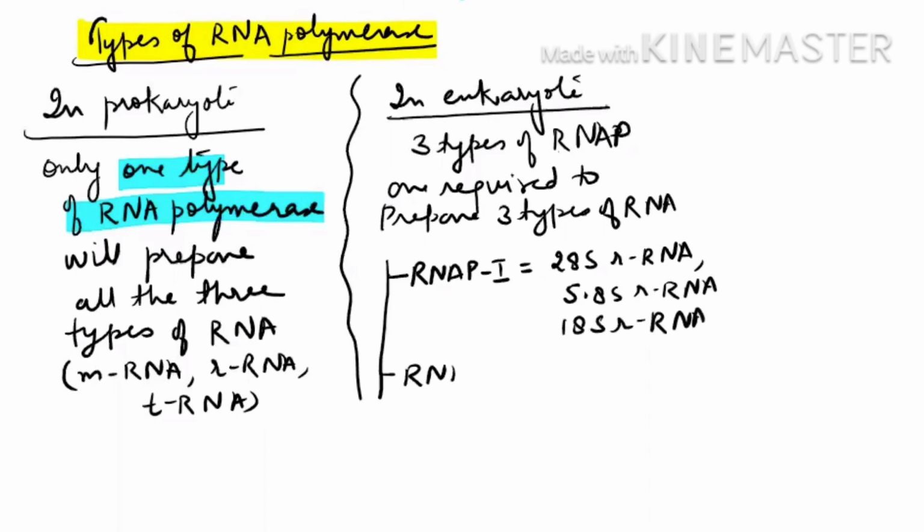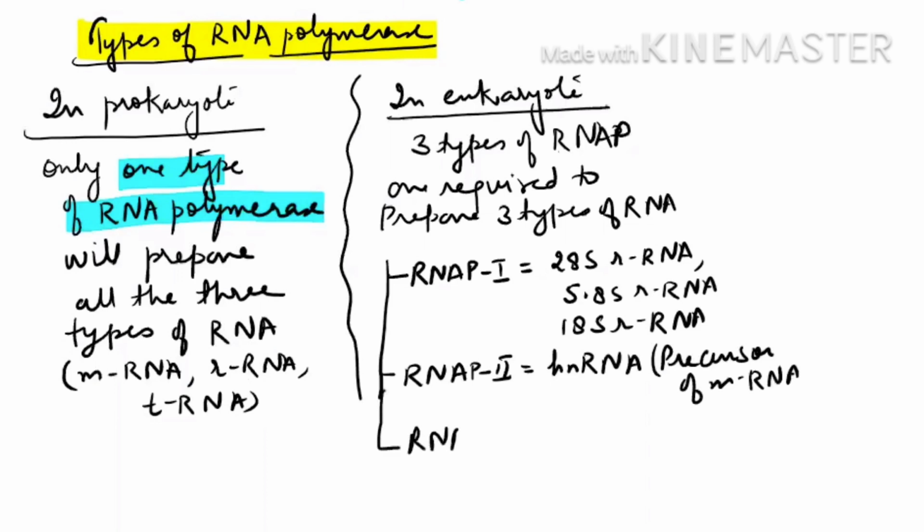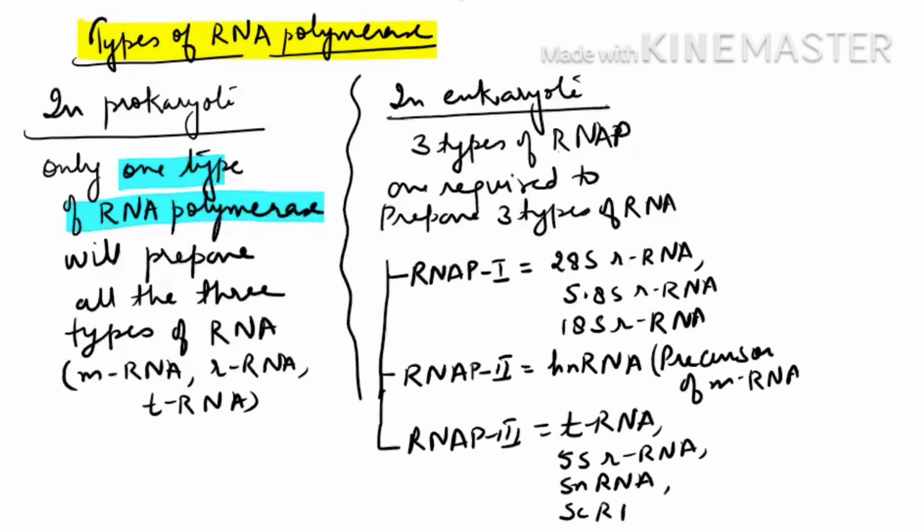RNA polymerase 2 will prepare precursor of messenger RNA, that is hnRNA. This is the precursor of messenger RNA. And RNA polymerase 3 will prepare transfer RNA, will prepare 5S ribosomal RNA, will prepare snRNA, small nuclear RNA, that is required for the splicing, and small cytoplasmic RNA.